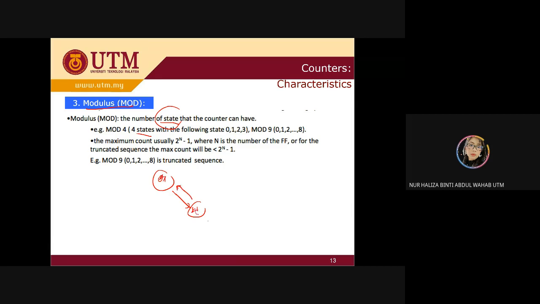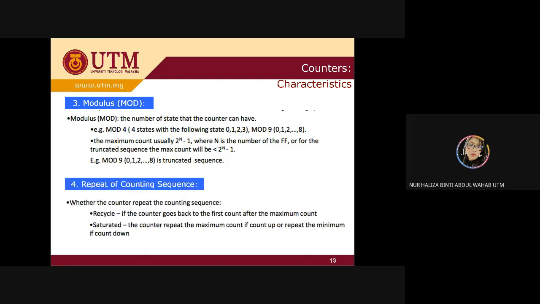If you have this, you have mode 2 because you have 2 states only. These circles are each referring to one state. This is another state, so from one state to another. So you can see where you have two states. When you have another, then it can be said that it is mode 3. So it also depends on following the sequence, whether it follows sequence or not, whether it is truncated or not.